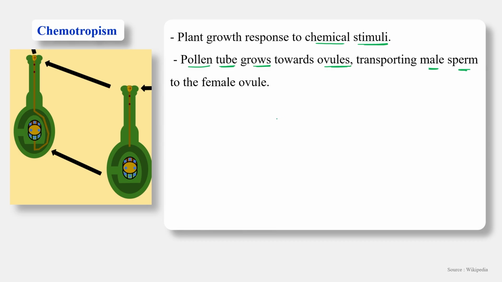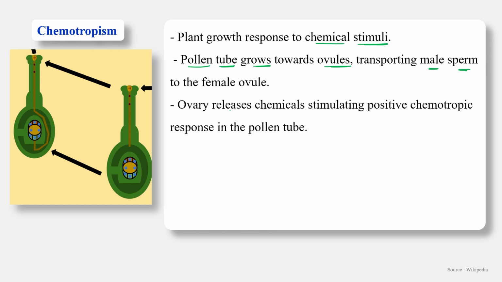So the plant responds towards chemical stimuli too, and this is known as gametropism. The ovary releases some kind of chemical which stimulates positive chemotropism, which the pollen tube responds to.